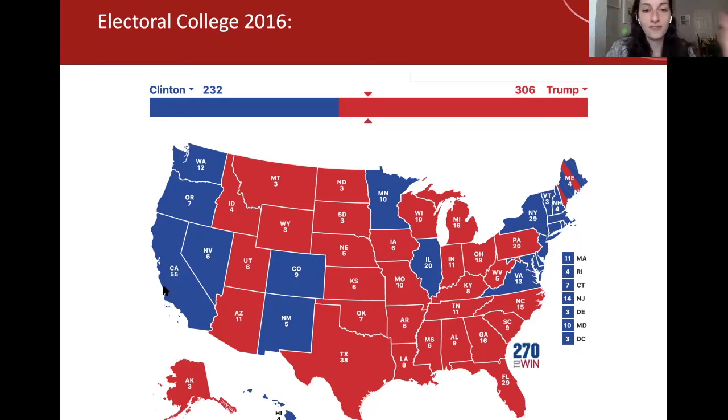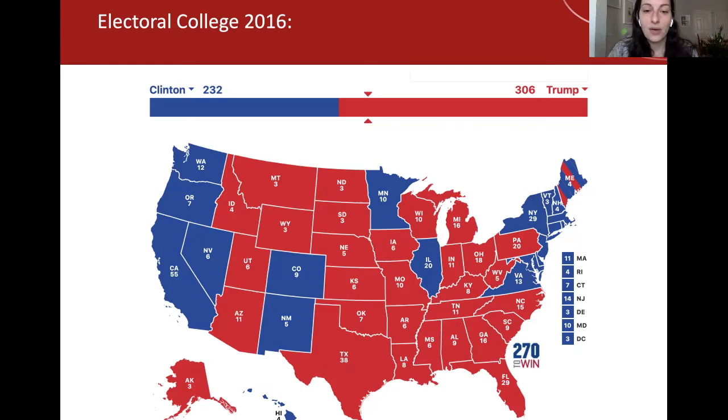They just get all 55 or all 29 for Hillary Clinton, whereas maybe, and I don't know the actual statistics, I'm just speaking hypothetically, in Texas, Hillary Clinton got a ton of votes, but it wasn't the majority, so Donald Trump got all 38 of Texas's Electoral College votes.